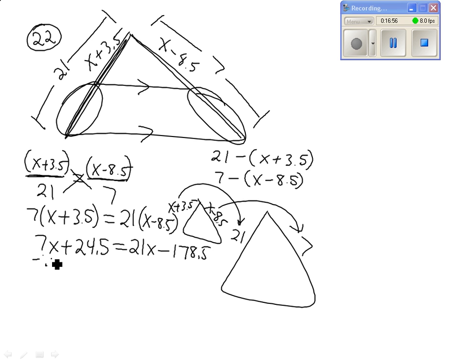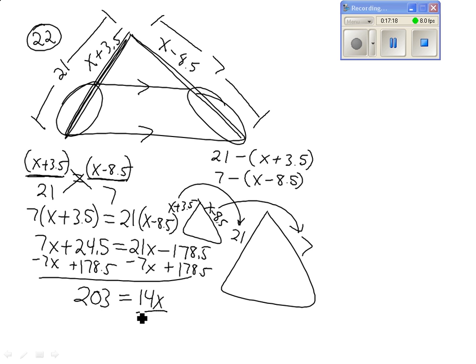Subtract 7x on both sides. Get 14x. I'm going to go ahead and add 178.5 on both sides too. 178.5 plus 24.5 is 203.